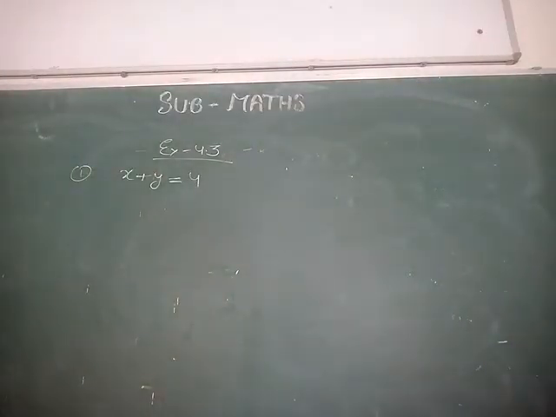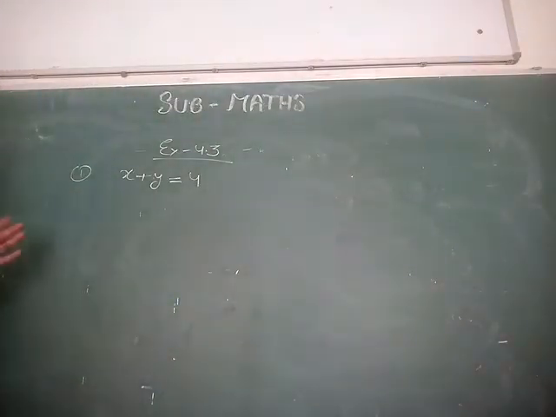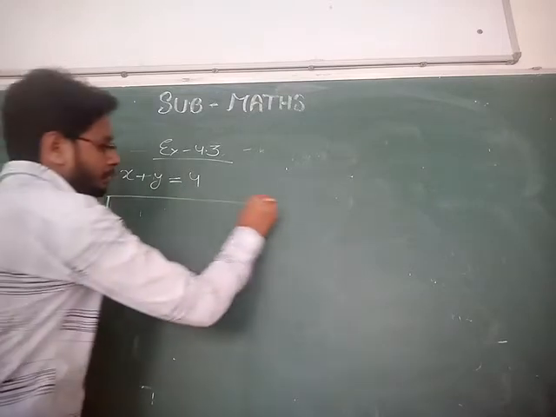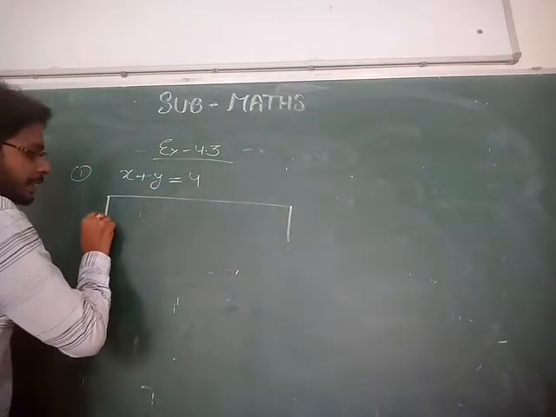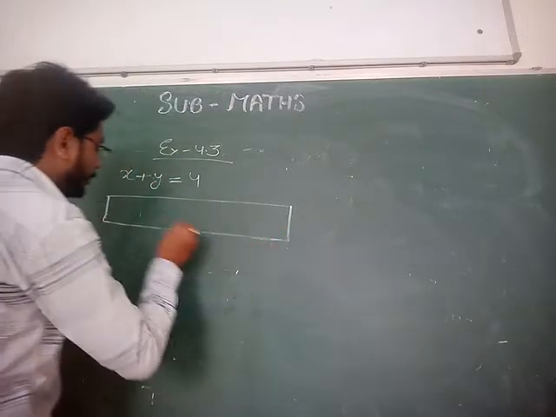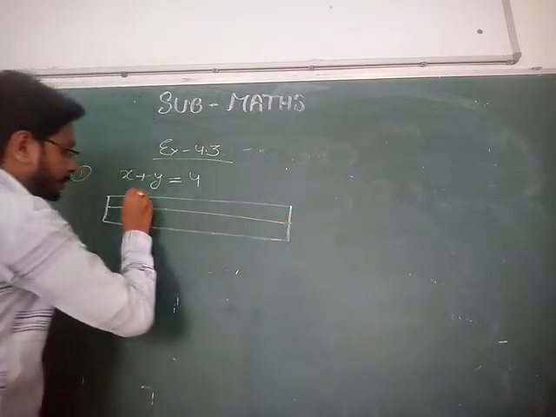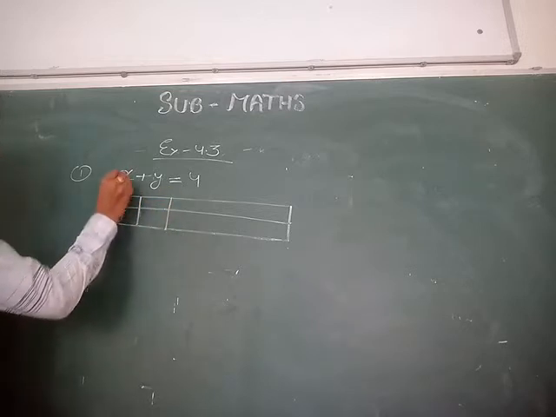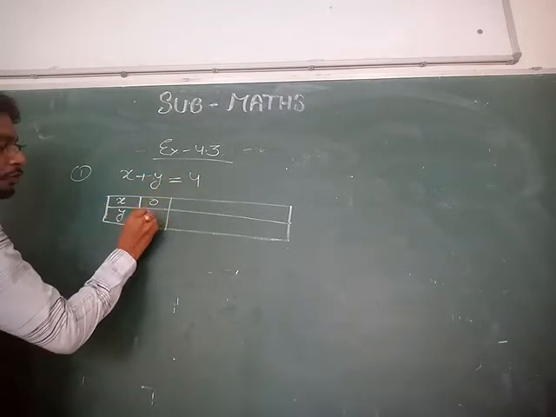So what will you do? Same thing. You will draw a table. Whenever you have to make a graph, you draw a table and find 4 solutions, that is x and y. When you put x equal to 0, you will get y equal to 4.